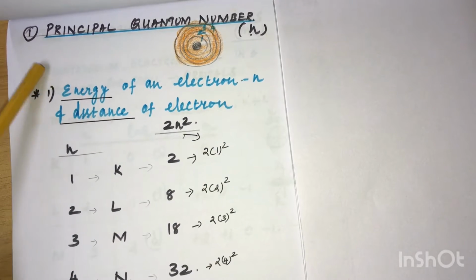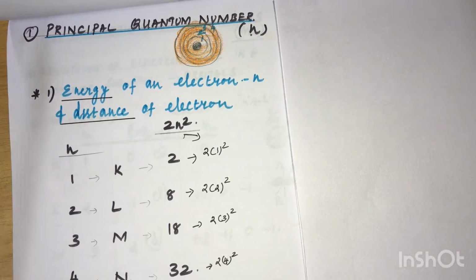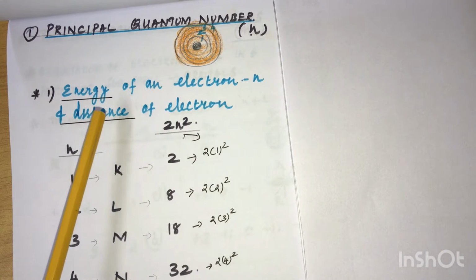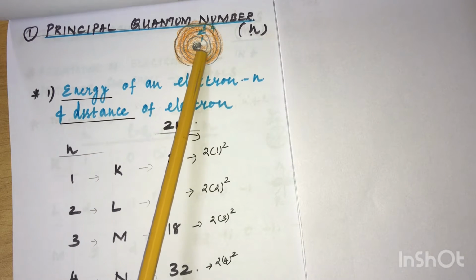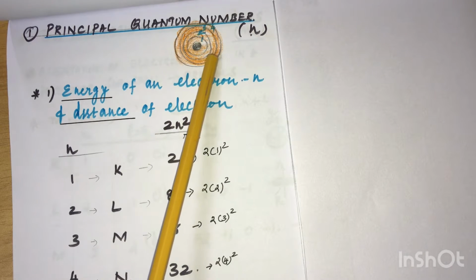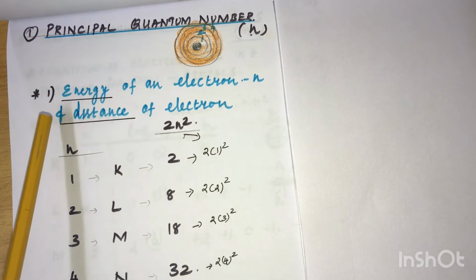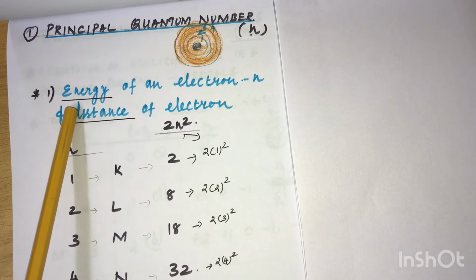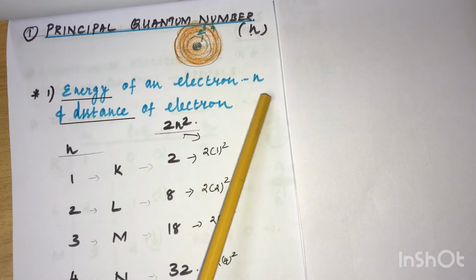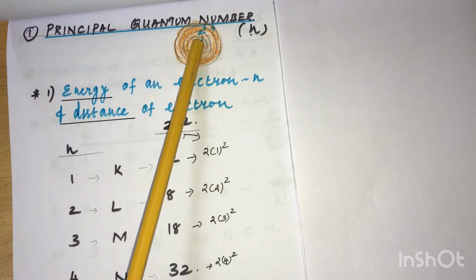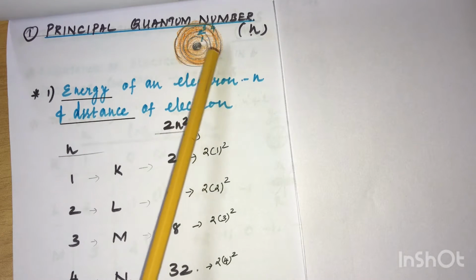The first quantum number is the principal quantum number, small n. The principal quantum number tells us in what main energy level around the nucleus the electron is present. It is used to calculate in what main energy level the electron is present, and also the distance of an electron from the nucleus.